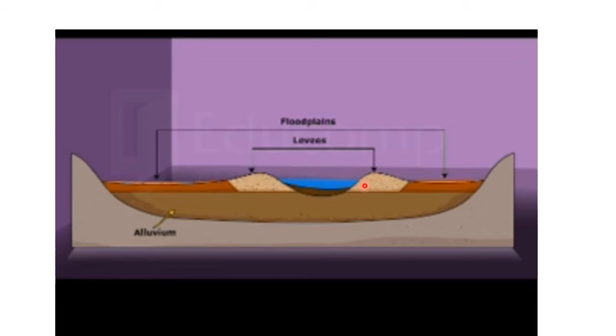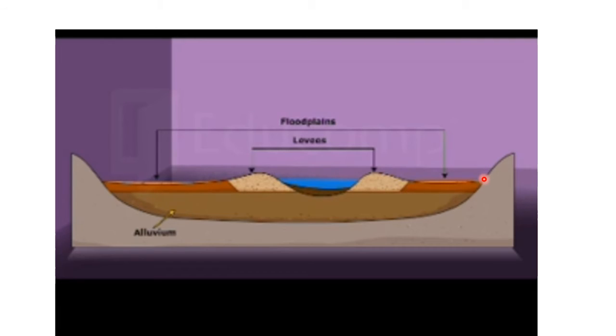This raised thing is called a levee. When the river is in flood, it brings lots and lots of sediments. It deposits over a large area of flat land, which becomes very fertile and good for agriculture. This entire thing we call a flood plain. But the sides of the bank which are raised by deposits are called a levee.